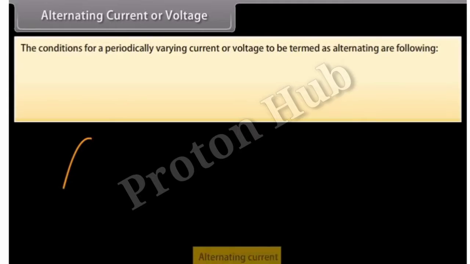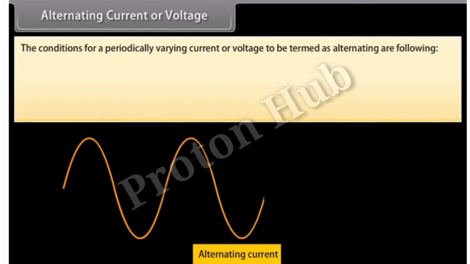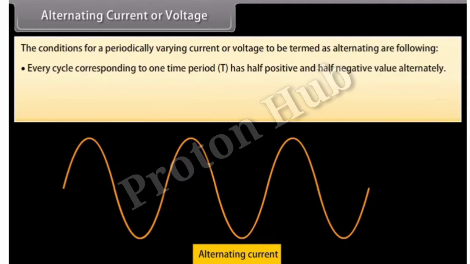Alternating current or voltage. The conditions for a periodically varying current or voltage to be termed as alternating are the following. Every cycle corresponding to one time period has half positive and half negative value alternately.